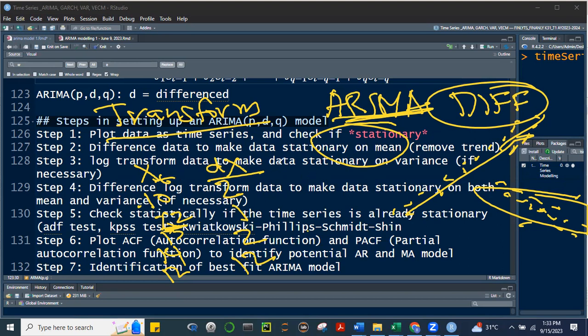Now, if it so happens that the data is still not stationary in mean, then maybe you need another differencing. So may ddx tayo kunyari, no? I just call it the difference of the difference of x.